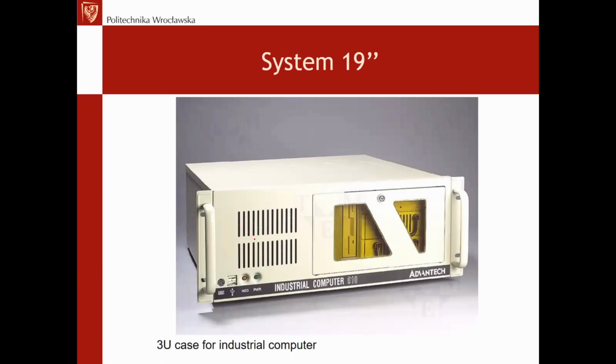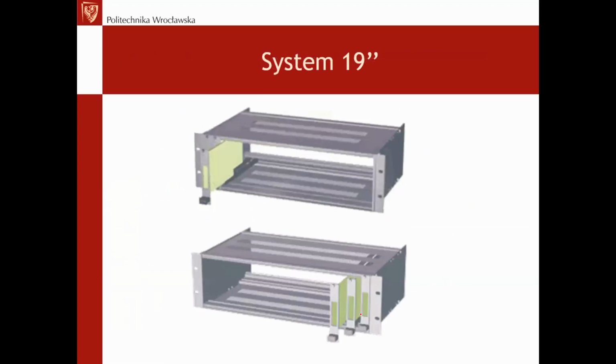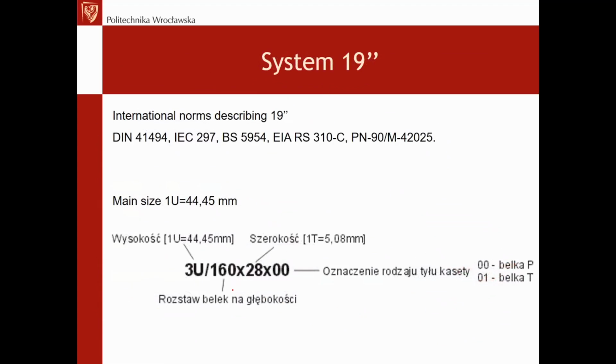It is standardized to accommodate the shelves. The shelves are as well standardized here with the T size, inch-based, the TE or HP, because again different markings are found. They are international norms describing this system.